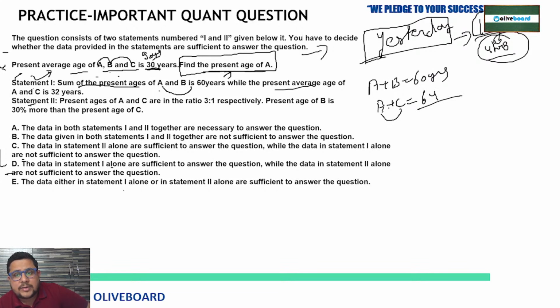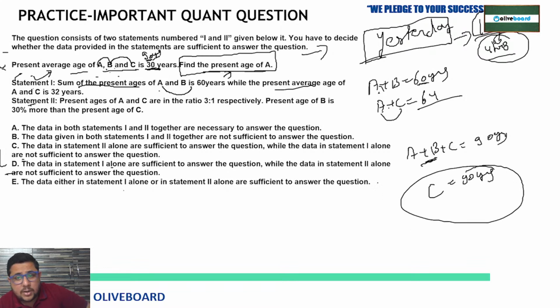So here we have the total A plus B plus C is 90 years. If we put A plus B as 60 years, we can easily get C as 30 years.